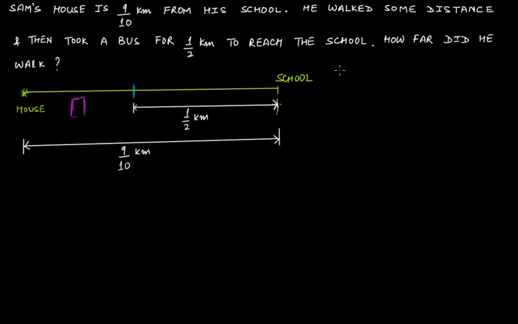So if this is the distance that he traveled by walking, plus this distance half is equal to this 9 over 10, right? That makes sense. Total distance is 9 over 10, and this is the distance by walking, this is the distance through the bus.